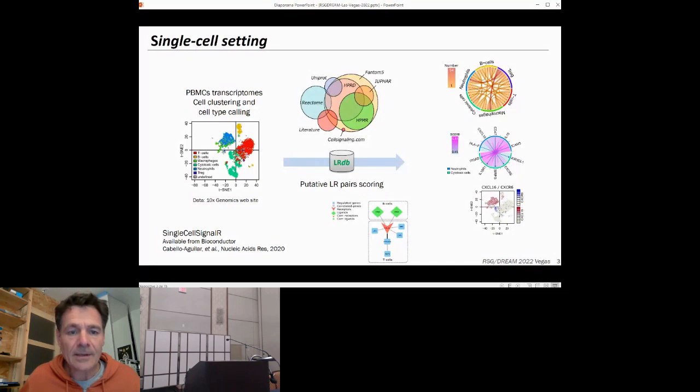From the single-cell data, you can obtain cell-type-specific transcriptomes, and you can compare those transcriptomes with a reference database containing known ligand-receptor interactions, and based on diverse scoring mechanisms, try to assess what is really present in the tissue and infer interactions between cell types and, of course, specifically which ligand and which receptor.